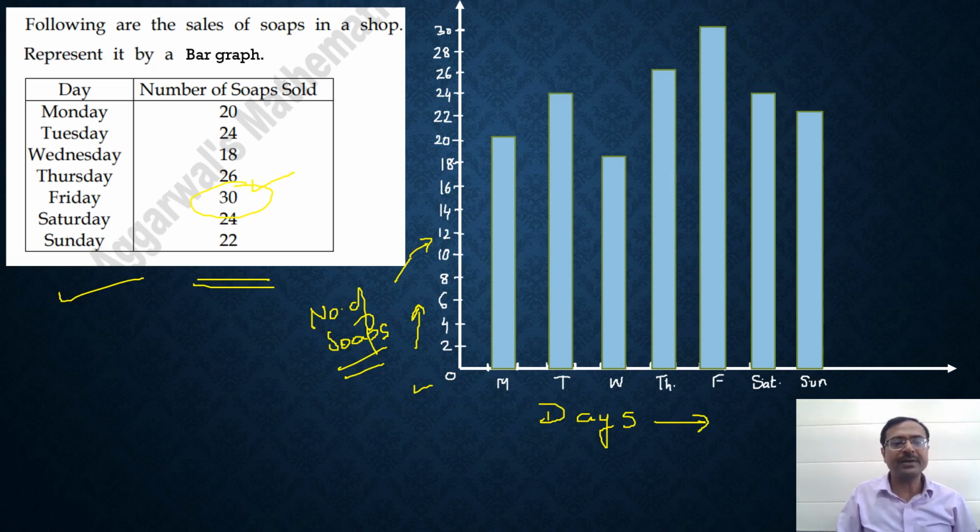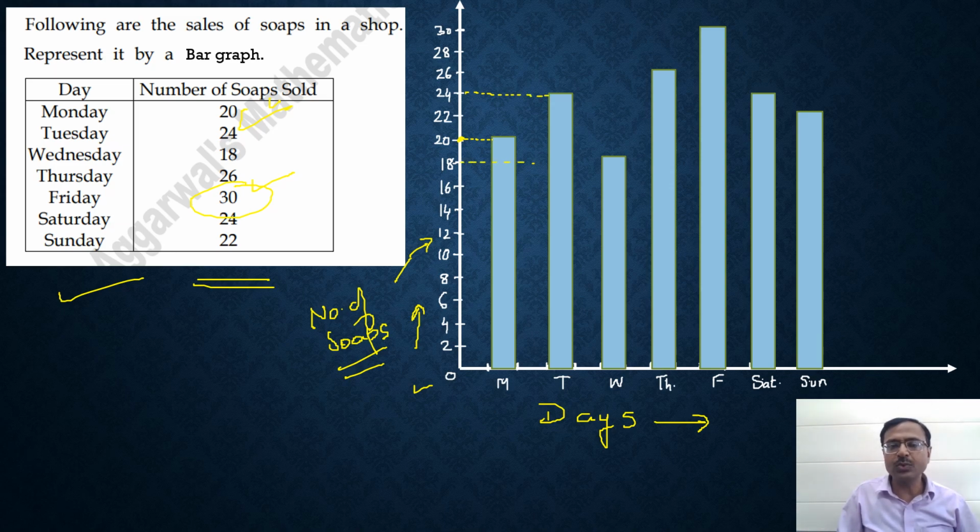So how do we plot the bar graph to represent this data? On Monday, as you can see from the table, the number of soaps sold is 20. So I'll have to draw a rectangle, the rectangle which I have shown at the first spot here. The height of the rectangle moves up to 20, and that's the number of soaps sold on that day. Likewise, on Tuesday, the number of soaps sold is 24, so the height goes up to 24 on the y-axis.